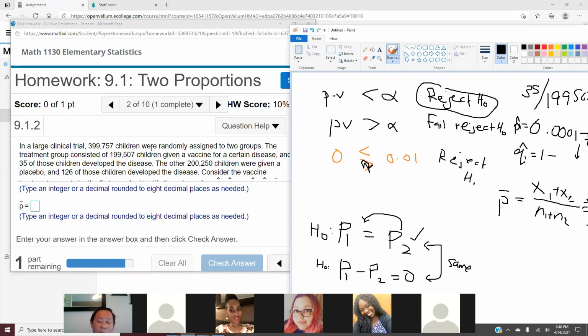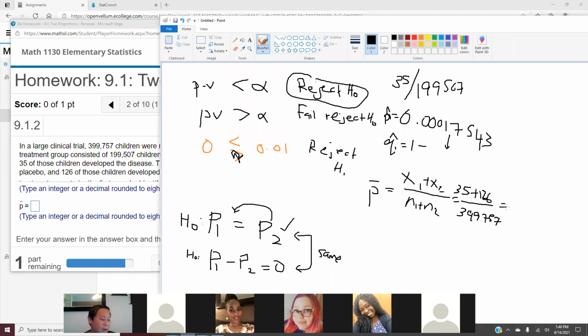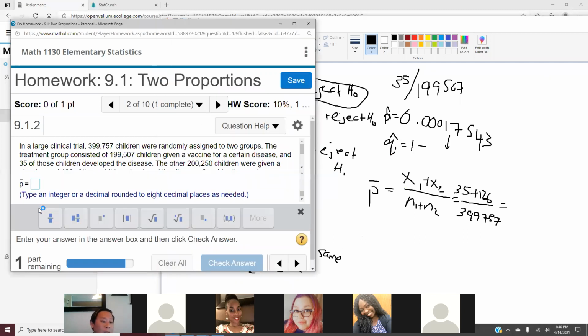If you add this, you get this. So this is your answer here. Just add and divide. 35 plus 126 divided by 399,757. And I bet they want 8 decimal places again. Yep, 8.